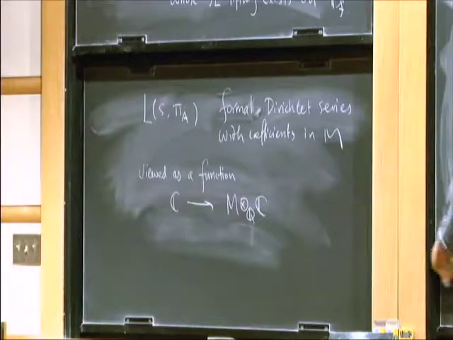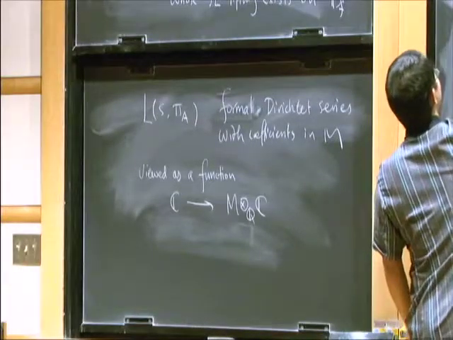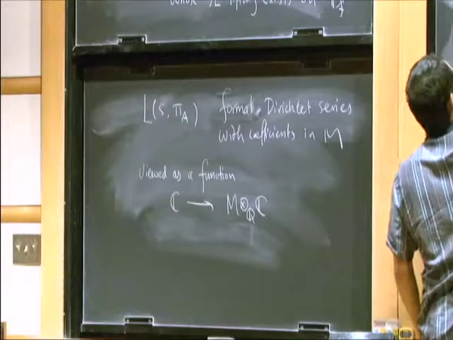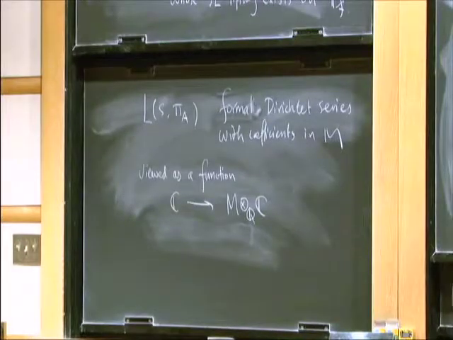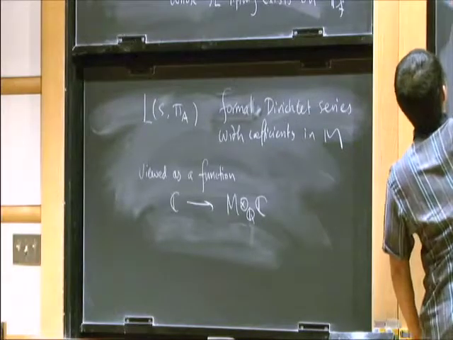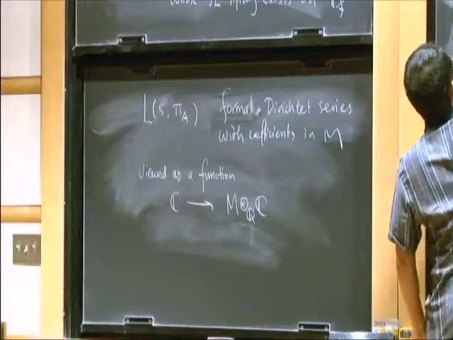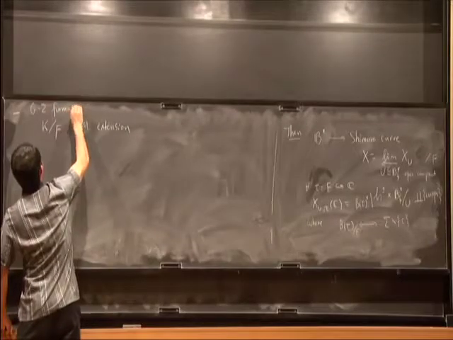Now we consider our quadratic extension. Let K over F be a CM extension. So this is the next stage. This is like the Zagier formula, the new formulation.